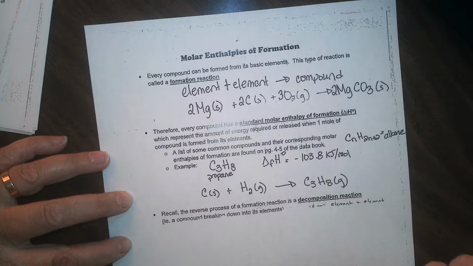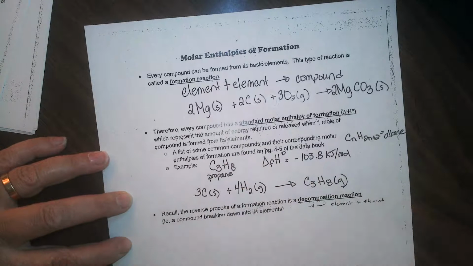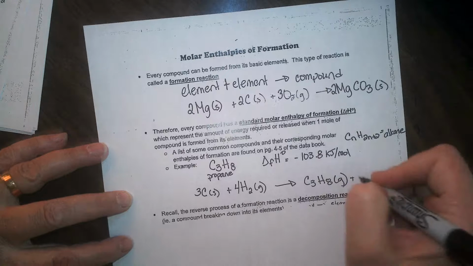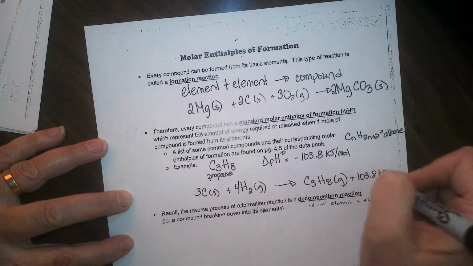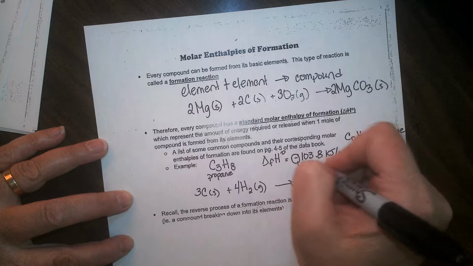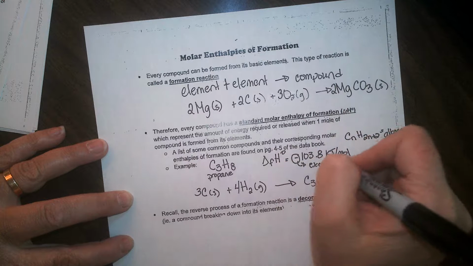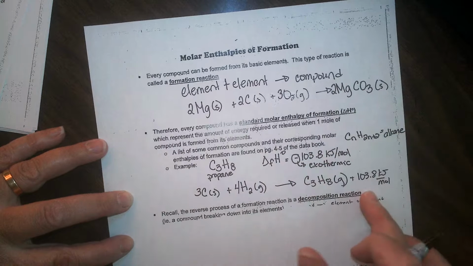Bromine isn't a gas, it's a liquid, and it's diatomic. Okay, so now we need to balance this out. And then we could say plus 103.8 kilojoules per mole, because this here indicates that it's exothermic, which means that our energy is going to go on our product side.